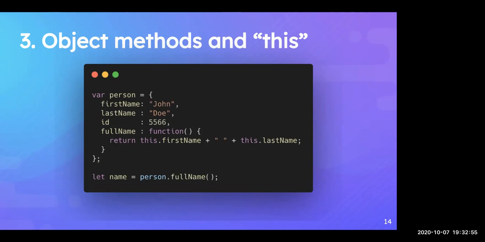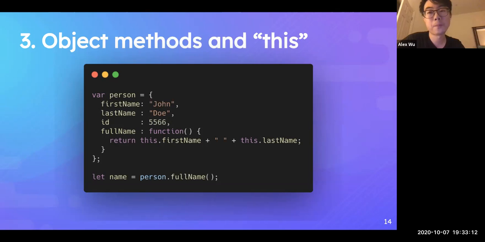Yeah. So when you're calling the function full name, it works because you're passing nothing in, right? So if full name were to have a specific parameter, like say it takes an integer, you'd have to call person dot full name and then pass 2 into it, right? Yeah, exactly. So how would you pass in parameters? First of all, you need to write an argument here.